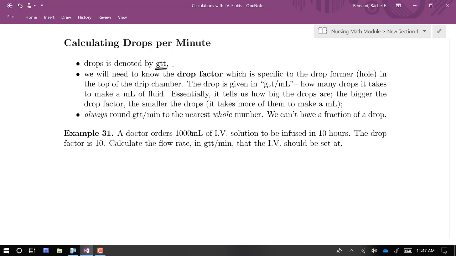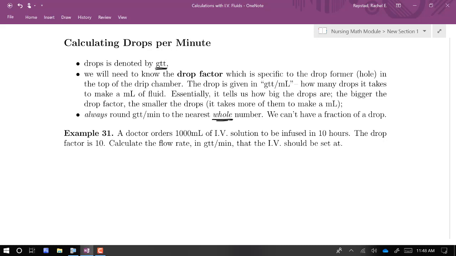And that's basically what the drop factor tells us. It's kind of a sense of how big the drops are. We always round drops per minute to the nearest whole number because we can't have a fraction of a drop. Something is either dripped or it hasn't. So we're going to round these values to the nearest whole number.